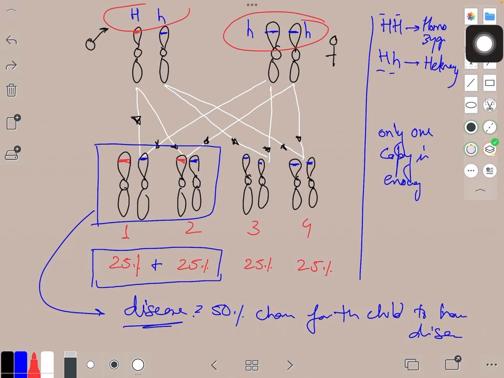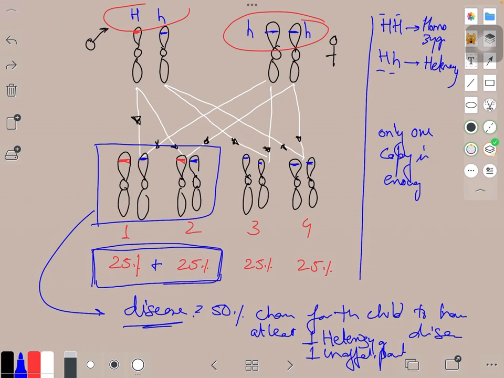So in this case, there was a 50% chance if at least one heterozygous and one unaffected parent present. So this was about 50%, one heterozygous and one unaffected parent.